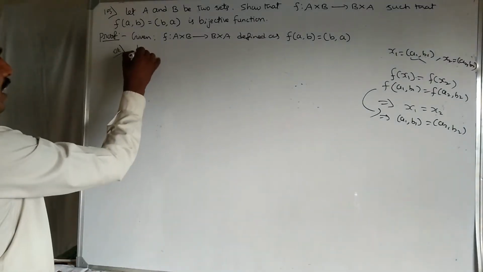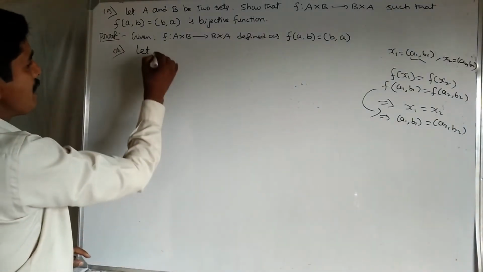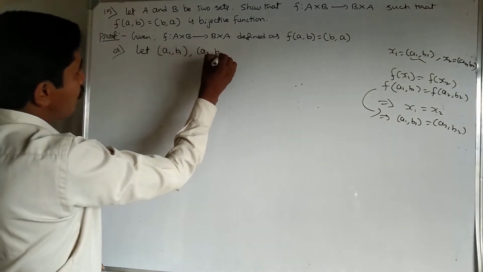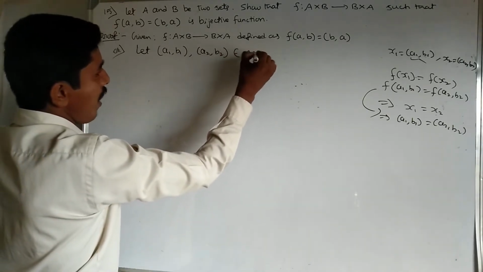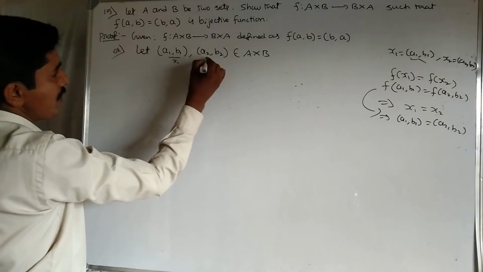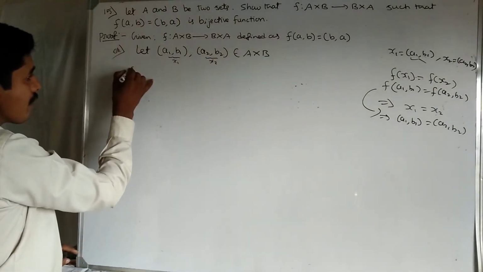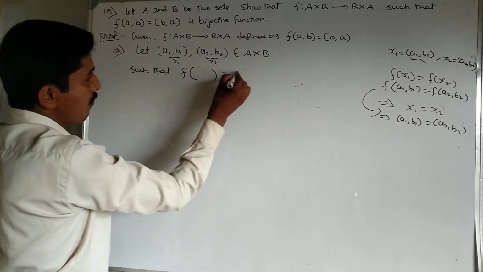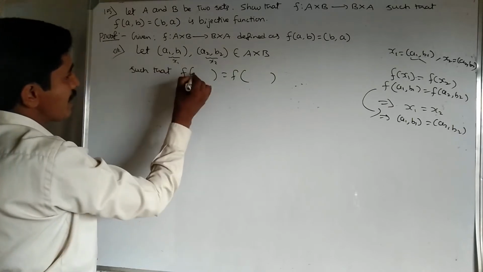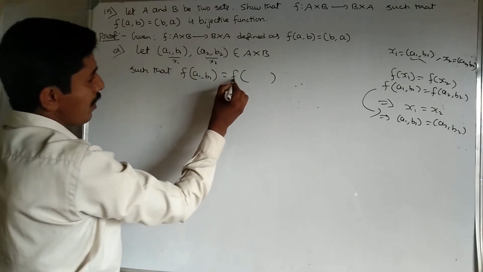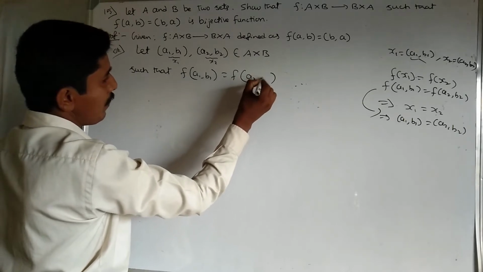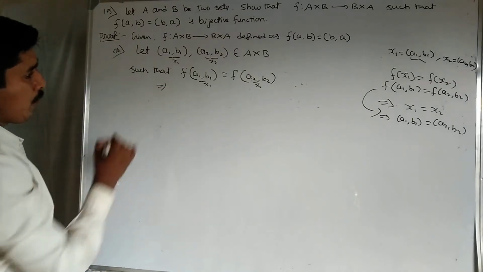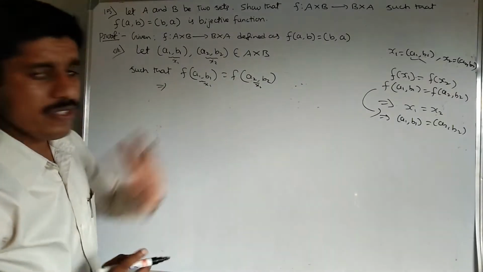For understanding, I am mentioning it like this: let (A1, B1) and (A2, B2) belong to the domain A cross B. This is x1, don't get confused, this is x2, such that F of x1 equal to F of x2. Here x1 is the total ordered pair (A1, B1), and x2 is (A2, B2). Prove that x1 equal to x2.